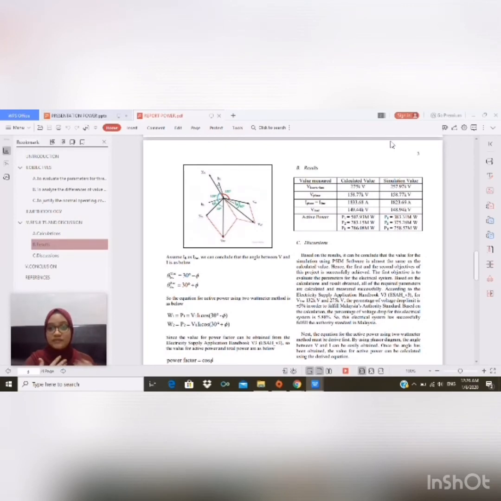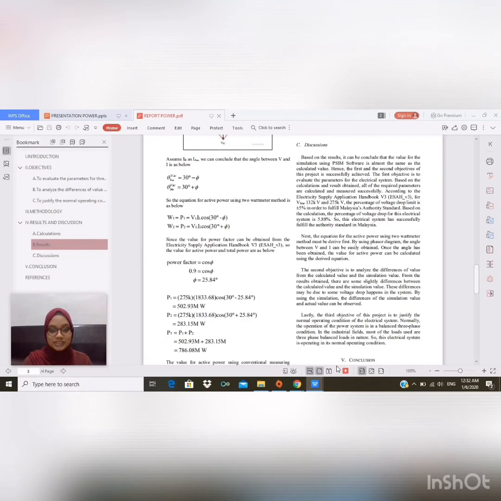So the first and the second objectives of this project are successfully achieved. The first objective is to evaluate the parameters of the system, and we have successfully evaluated all of the parameters. The second objective is to identify whether there are any differences between the calculated value and the simulation value, and we have also achieved that.